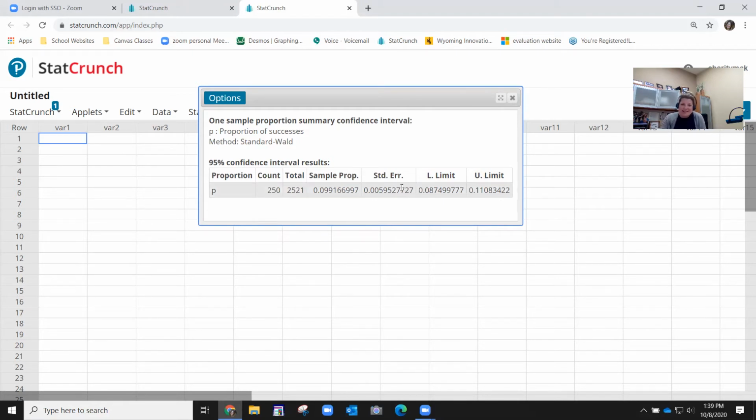And honestly, you could do this. You don't have your margin of error, but can't I subtract these and divide by 2? Yeah, let's do it real quick. So get out your calculator.